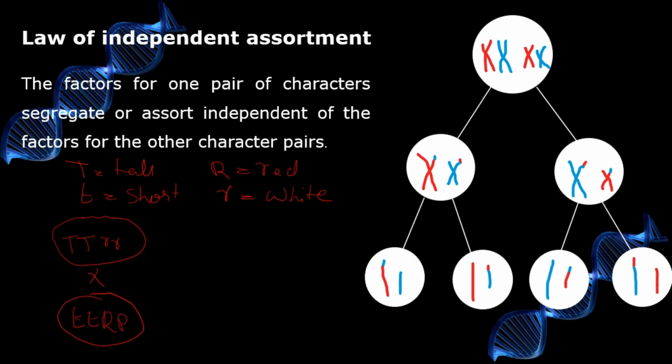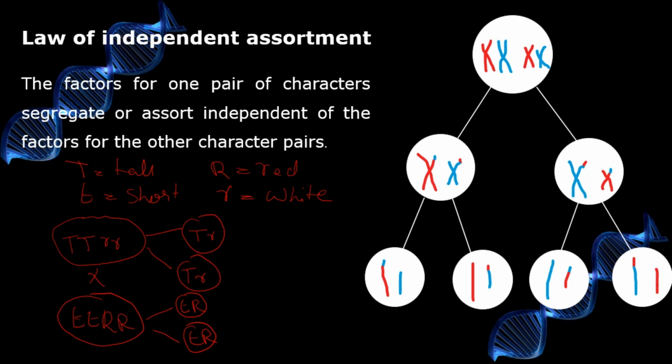So this individual will have capital T and small r gametes, because both are in homozygous condition. And this individual will have small t and capital R gametes, and the same, they are homozygous. And these gametes can independently assort with each other to form a new individual.